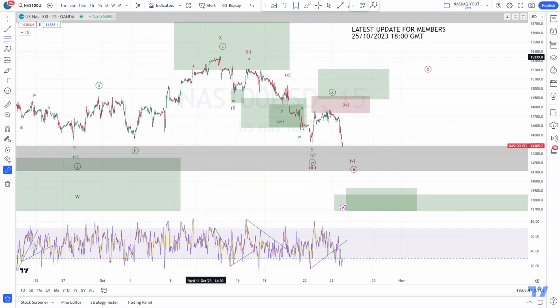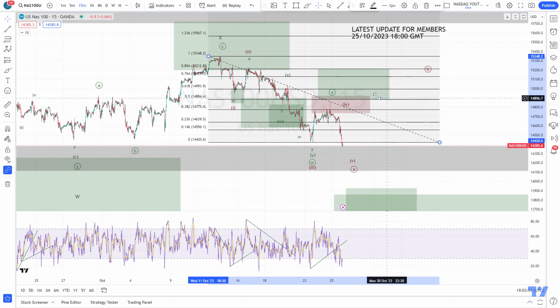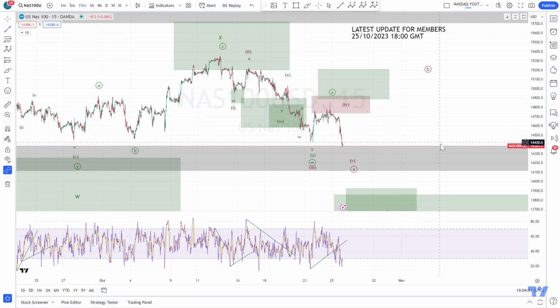So if we take the length here of the wave W, then our wave X area was the area here between the 0.5 and the 0.854 FIB retracements.